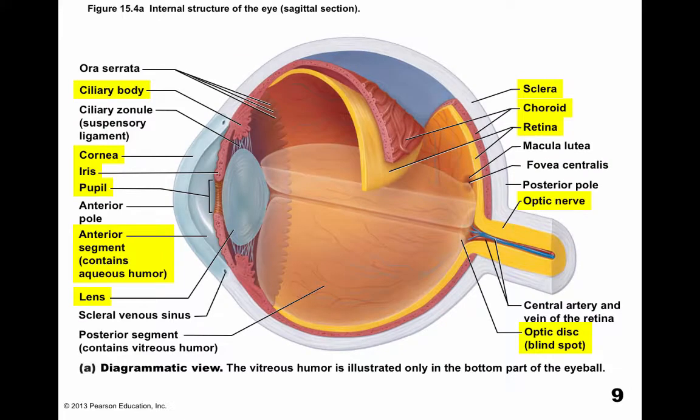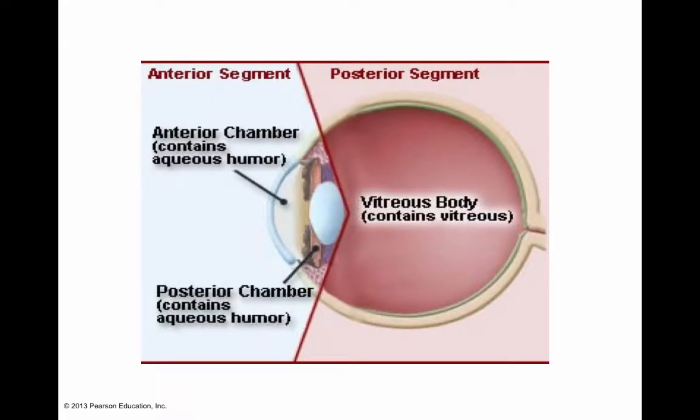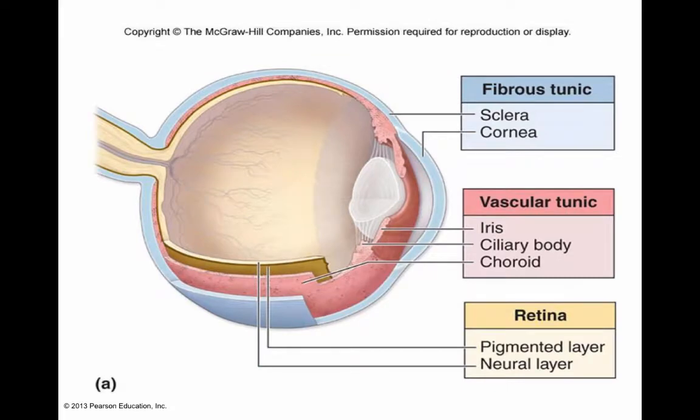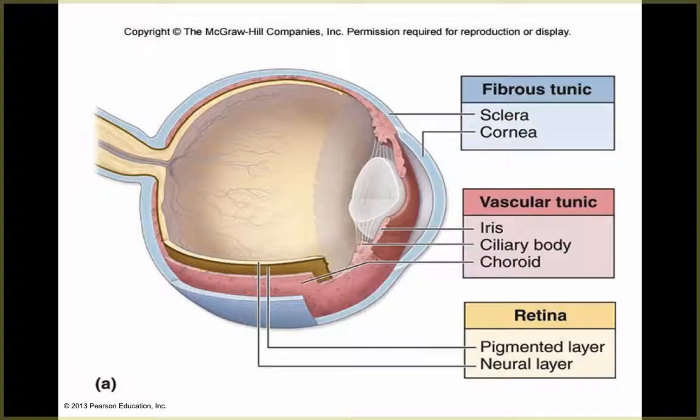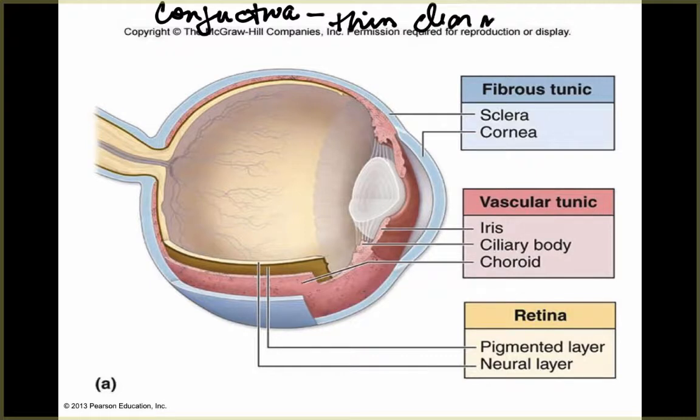Let me see this really quick. And so let's start. You don't really see it on here, but we are going to start here. So we have the first thing, which is called the conjunctiva. And basically this is just a thin, clear mucous membrane. And this is the covering.